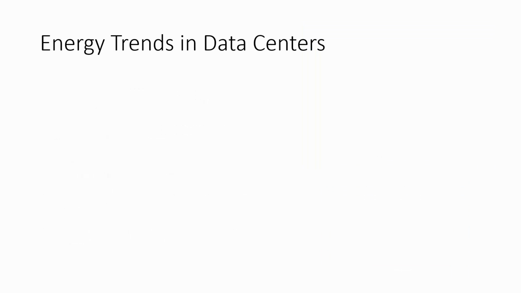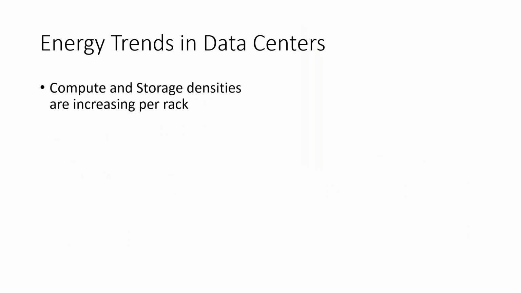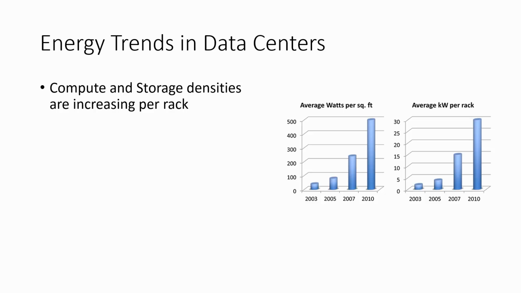So let's look at some of the energy trends in data centers. Over the past couple of years, compute and storage densities have been increasing considerably per rack. Now, the images that you're seeing are of the average watts consumed per square feet, plotted from 2003 to 2010, and the average kilowatt per rack. And as you can see, these are climbing quite significantly over the last couple of years.